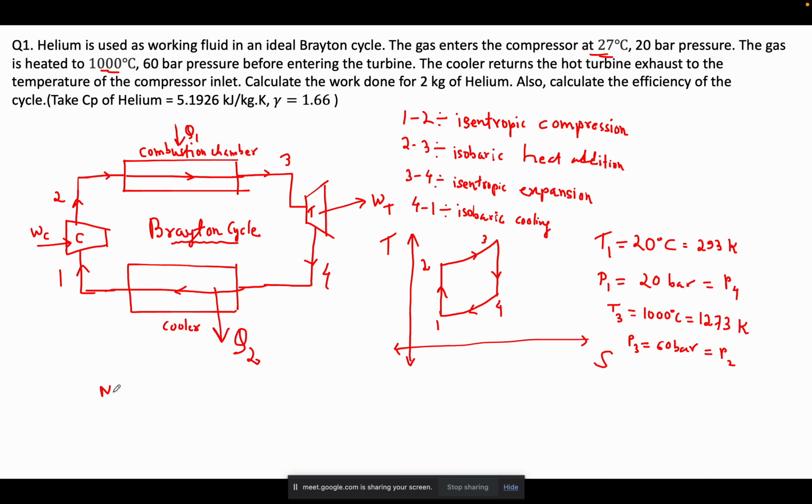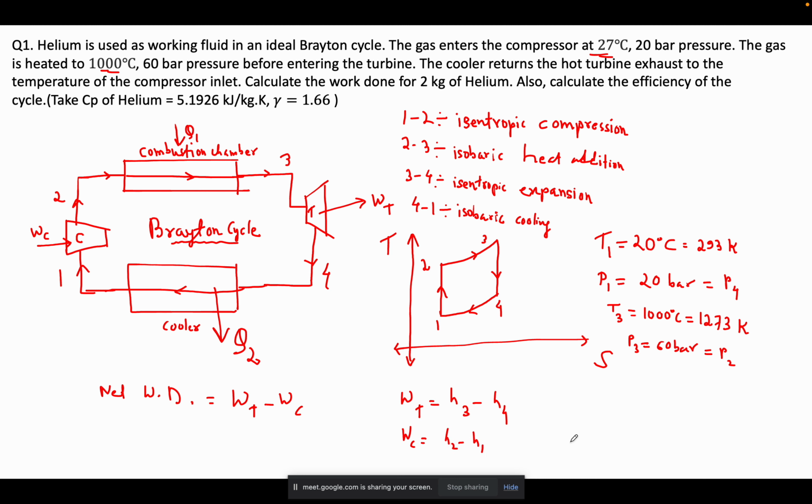Net work done will be basically WT minus WC. Now we already know how to calculate WT. WT will be nothing but H3 minus H4, and WC will be nothing but H2 minus H1.